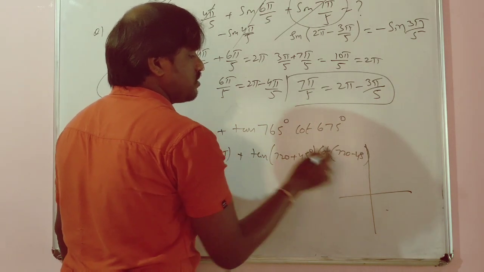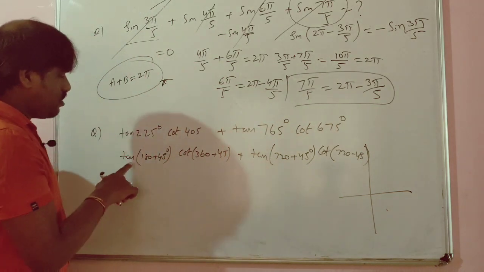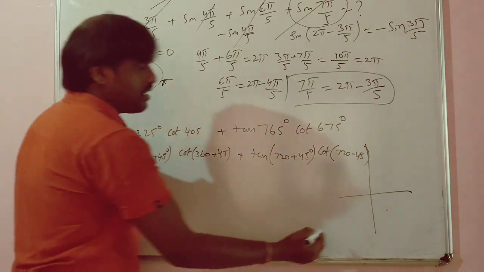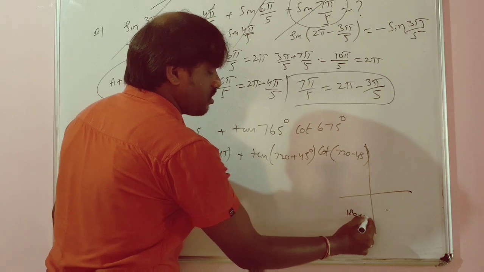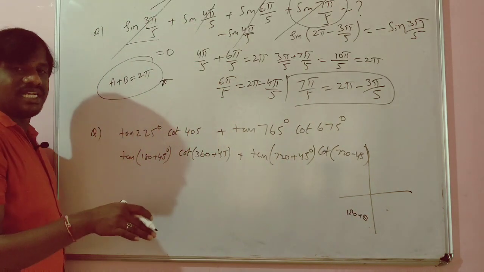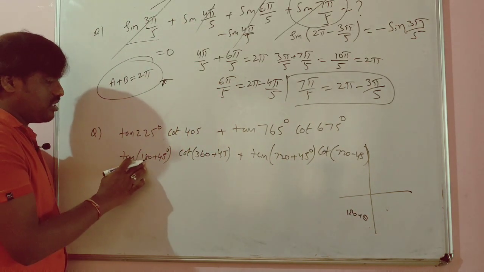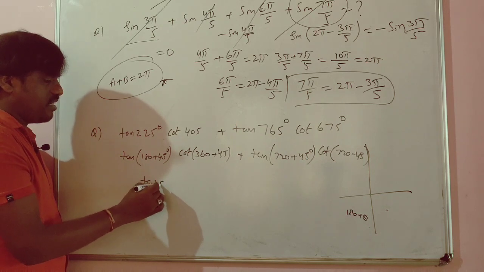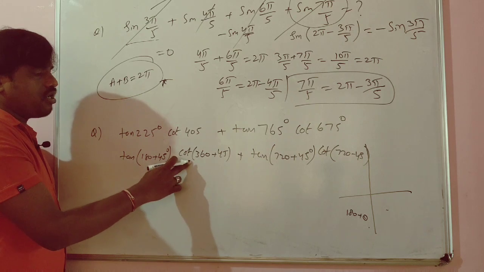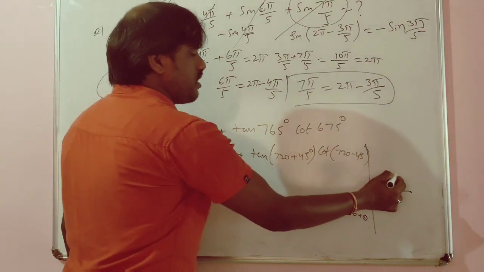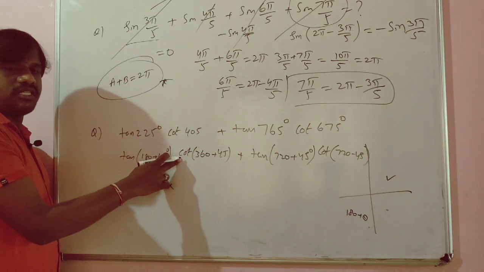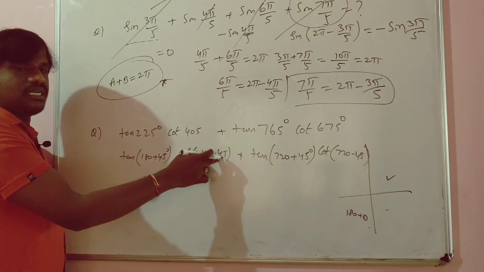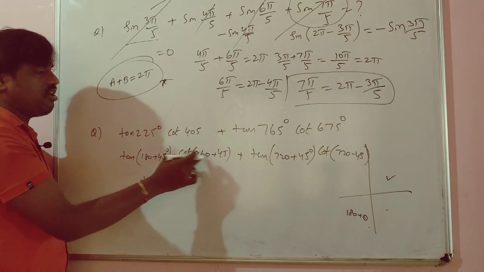Okay, so 180 plus theta is in the third quadrant where tan is positive, so positive tan will not change as 180 is an even multiple, so I get tan 45. Into cot of 360 plus theta, which is in the first quadrant where cot is positive, and 360 has no change, so I get cot 45.